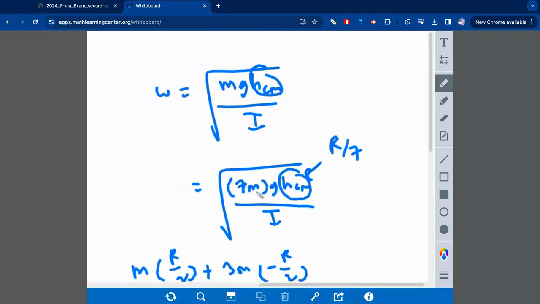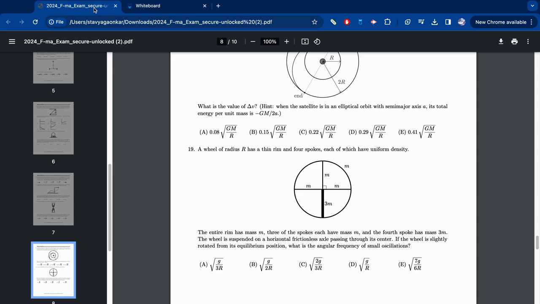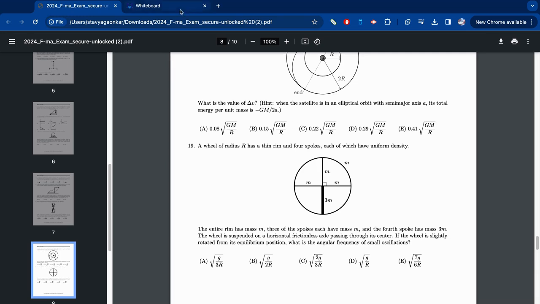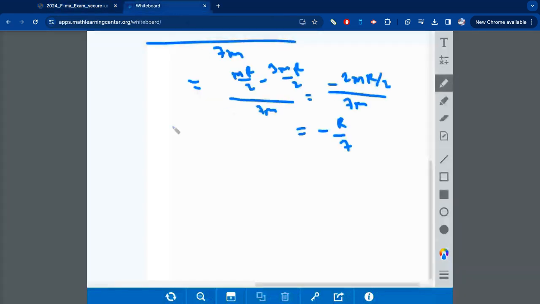Okay, now for I, the moment of inertia, we're trying to find the moment of inertia of this wheel about this axis. Using the formula for the moment of inertia of a rod about this point, we know that's 1/3 ml squared.